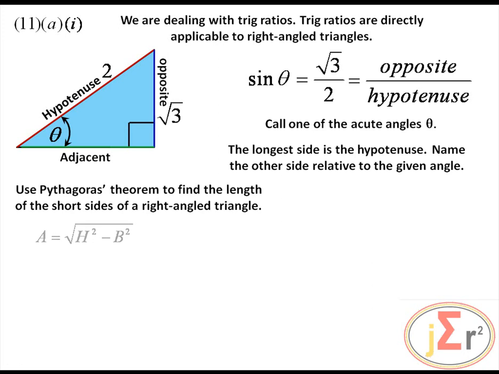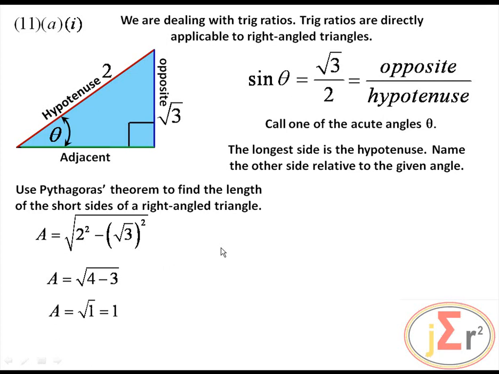So, we will replace the hypotenuse squared with 2 squared, and of course the square of the other side is the square root of 3. So we will square that. This results in 2 squared is 4, and the square of the square root of 3 is 3. So we have a is equal to the square root of 1, and that is equal to 1.